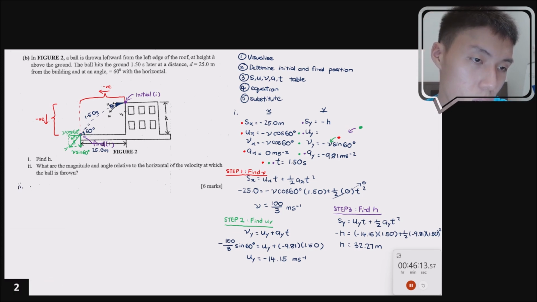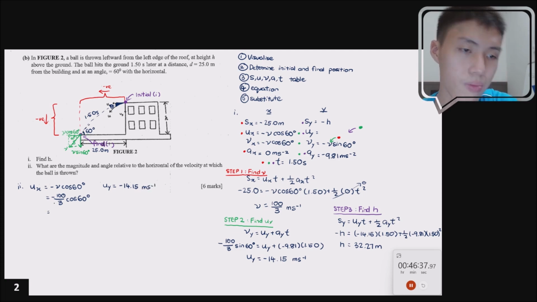Question 2. ux equals negative v cos 60. We know that v equals negative 100 over 3, cos 60. Then uy equals negative 14.15 meter per second.